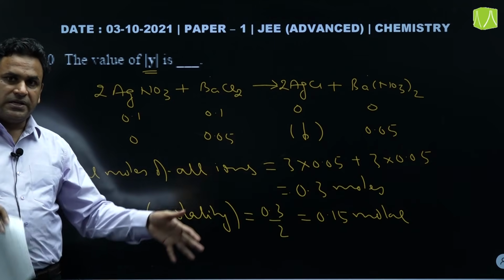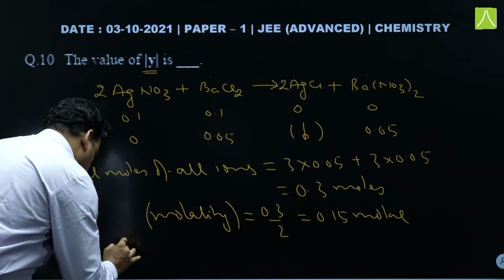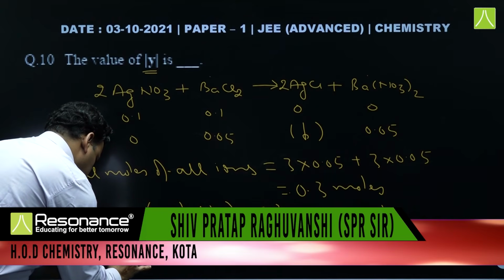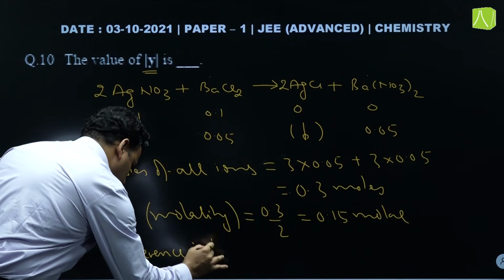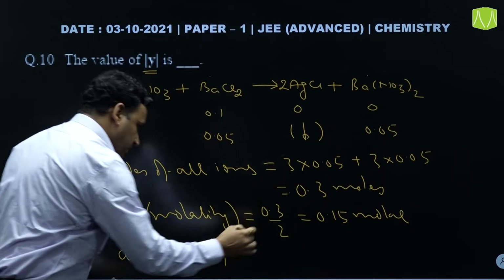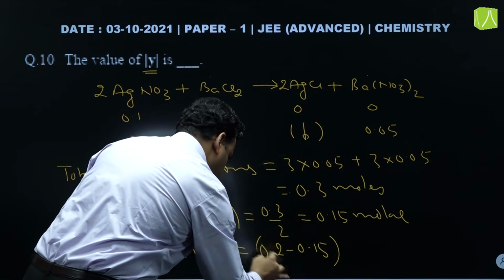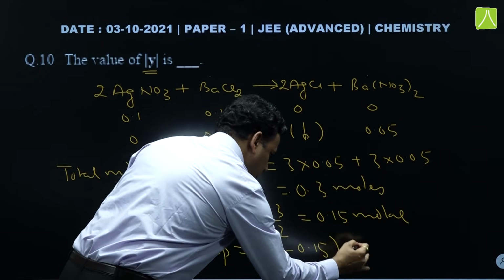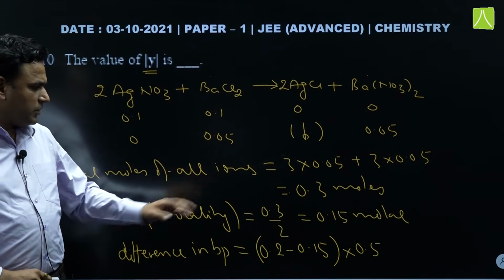So, we can calculate the difference in the boiling point. The difference in boiling points of both these solutions will be equal to the difference in the molality, 0.2 minus 0.15, into Kb of water. So, this is 0.5.